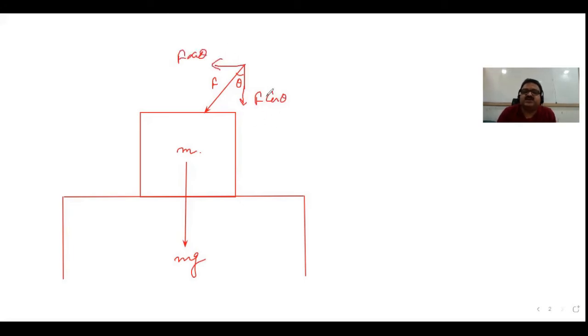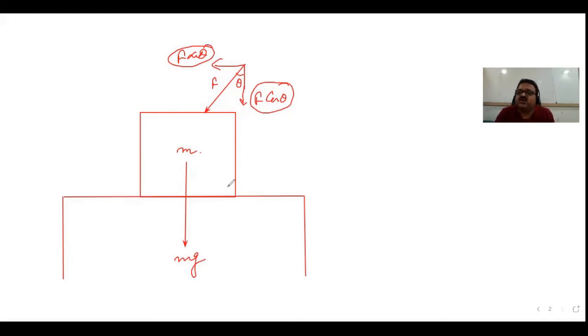Now look at this. In this case, F cos theta is perpendicular to the surface in contact, but F sin theta is parallel, correct? So we will not consider this force. We will consider this force which is normal to the surface. And with these two forces, mg and F cos theta, the body is pressing the surface of the table in downward direction.